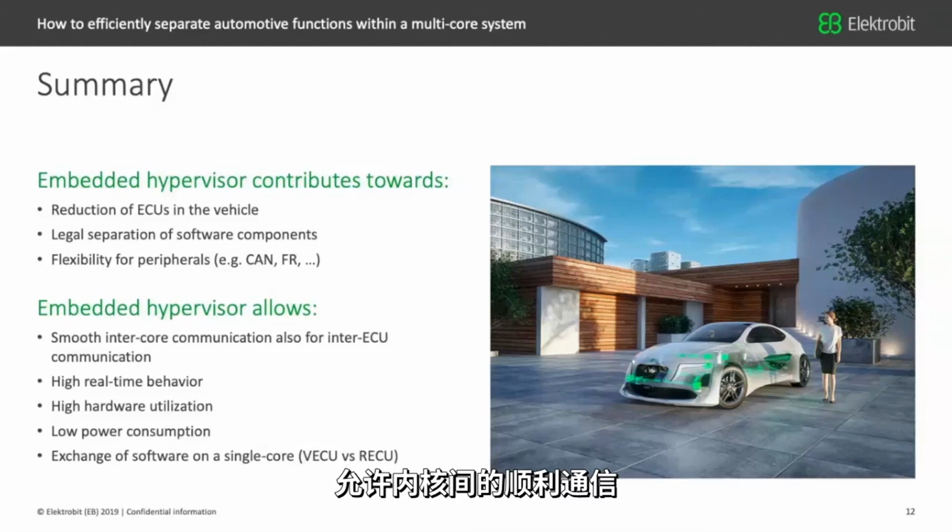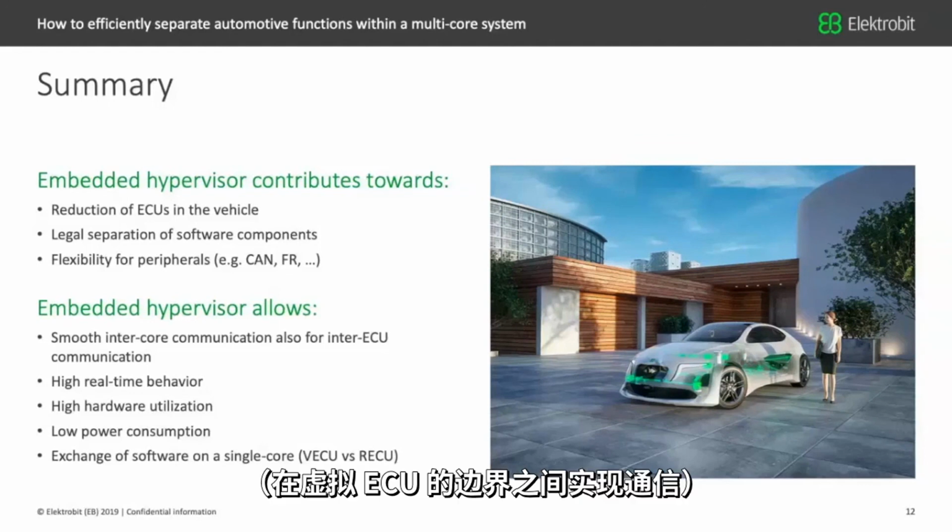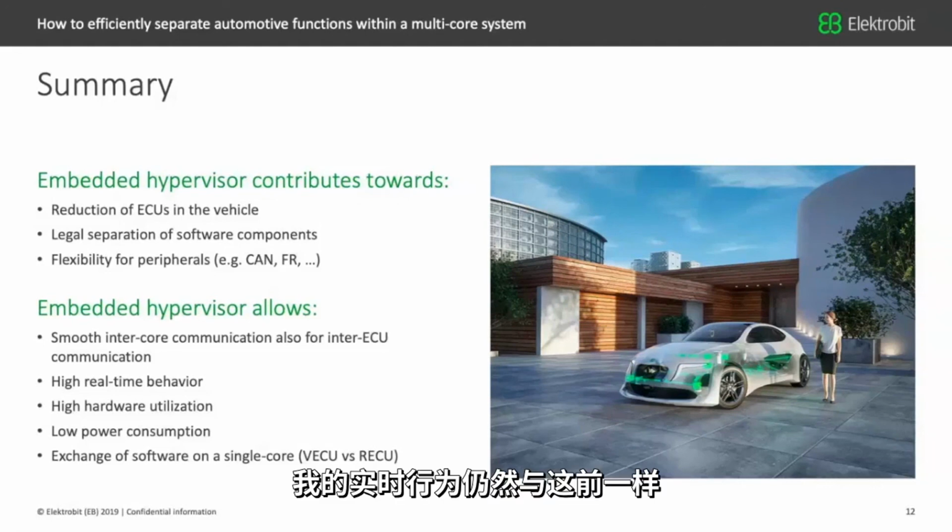The embedded hypervisor allows smooth inter-core communication, also inter-ECU communication, in that case between the borders of virtual ECUs. I have the real-time behavior still as it was before, so there's no penalty on that end.